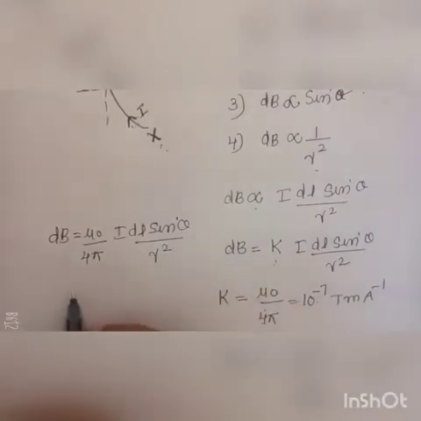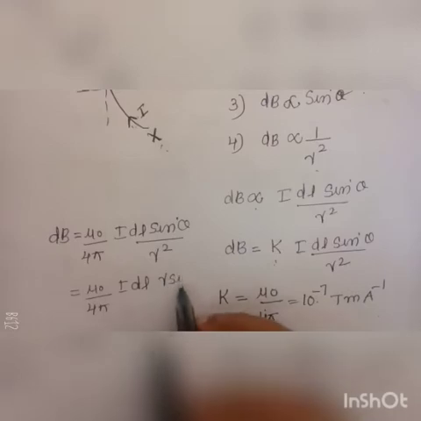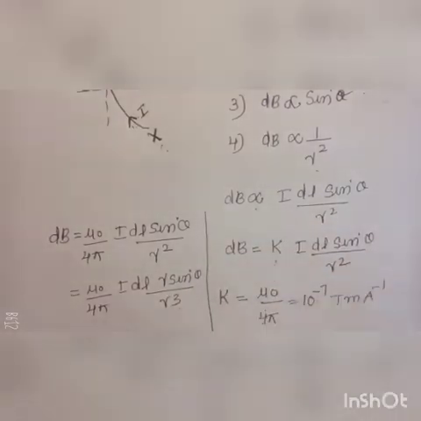Also you can write it as mu 0 by 4 pi I dl r sine theta divided by r cube. Is it correct? Here we are multiplying and dividing with r, so I dl r sine theta by r cube.